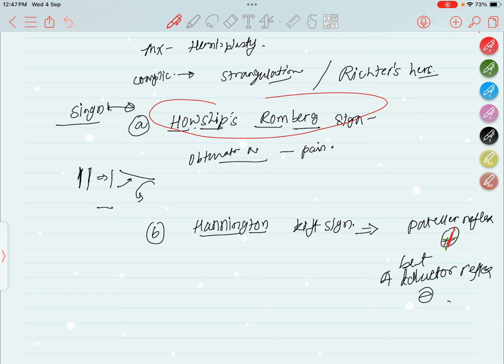Patellar is positive, adductor is negative. This was our Hannington-Kiff sign.